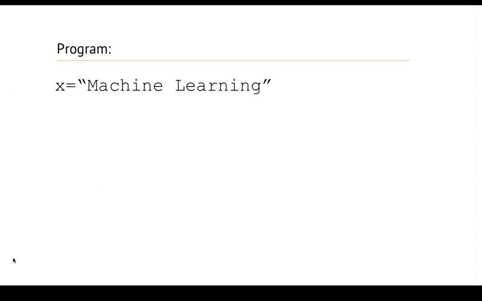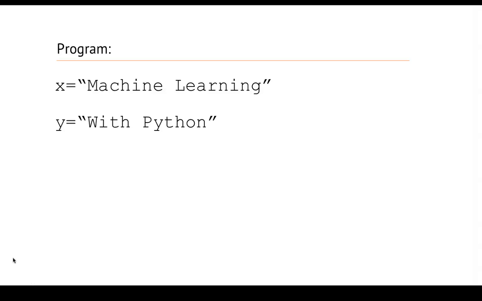We can also perform plus operations on sequences of characters. For example, I have created a variable x and assigned the sequence of characters machine learning, and another variable y and assigned the sequence of characters with Python.